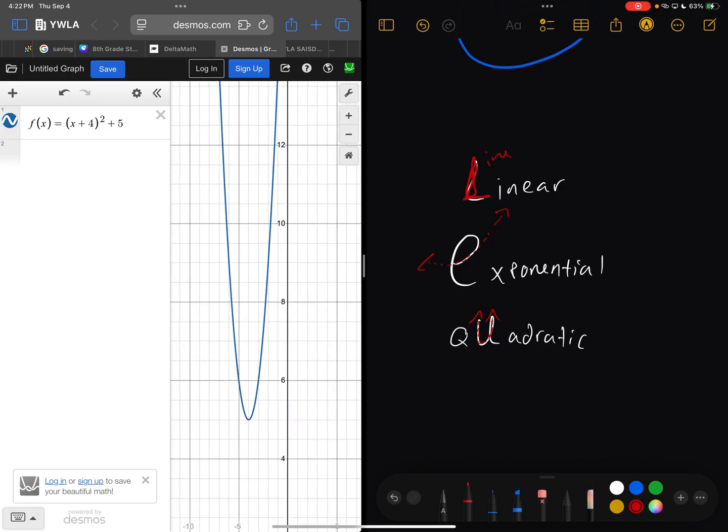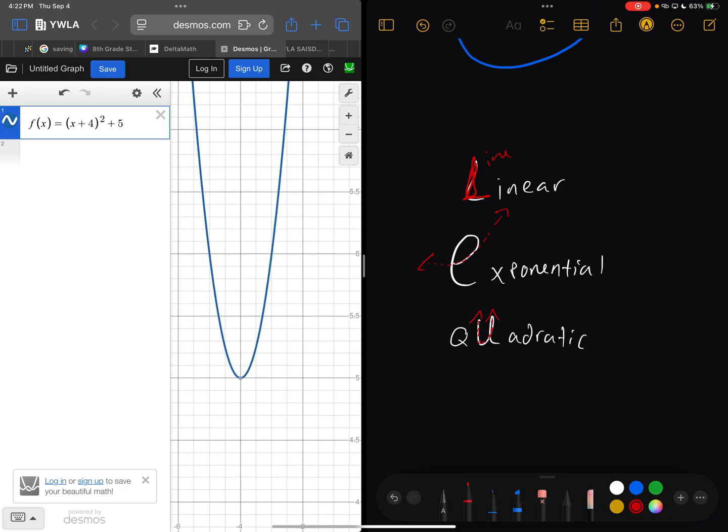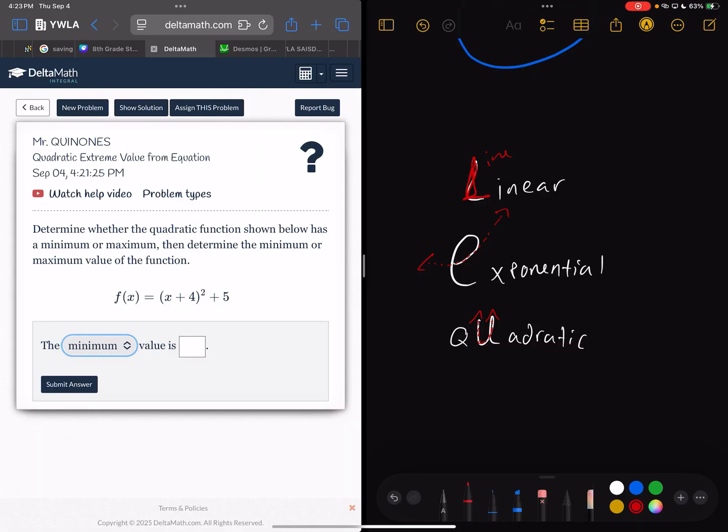So now when it's asking for maximum or minimum, we want the y value. So all you have to do is go down to either the lowest if it's the minimum or the highest if it's the maximum, right? In this case, it's a minimum. What's the minimum value here? In my example, I'm seeing that it is a 5.